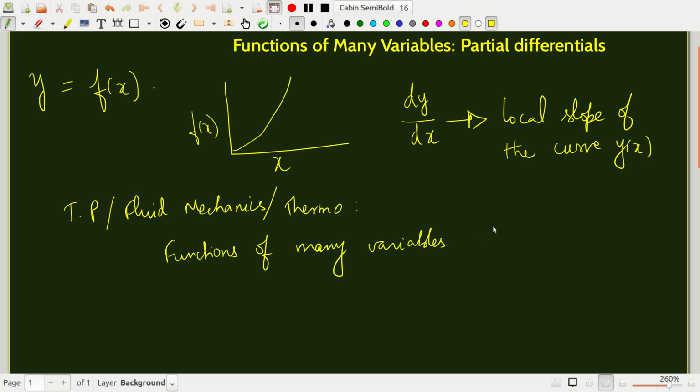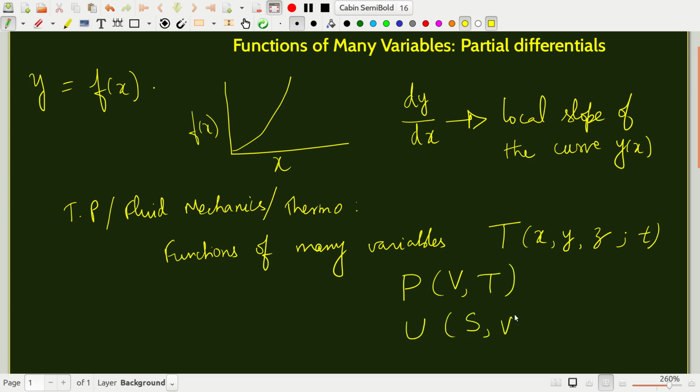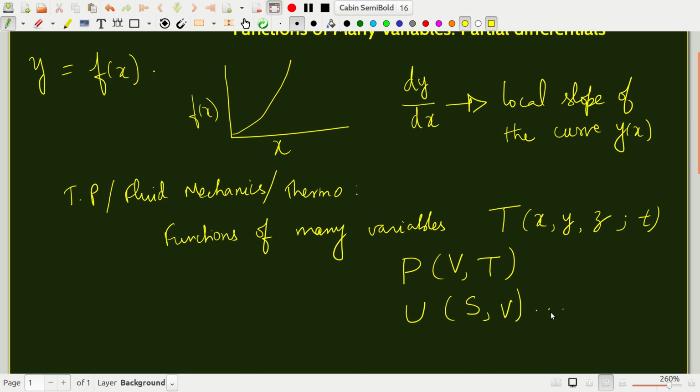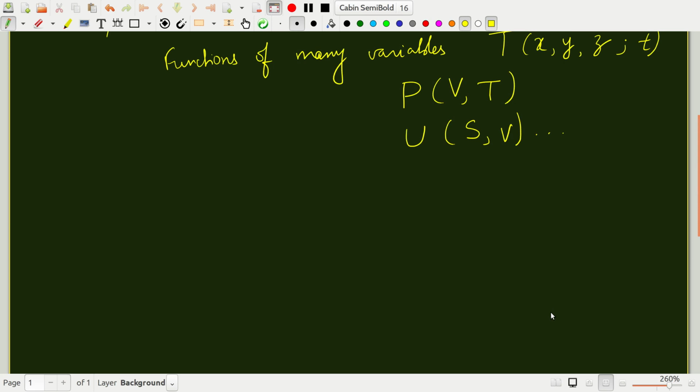For example, you may have temperature in a slab as a function of the position coordinates x, y, and z, and in addition you may also have its dependence on time. In thermodynamics, you have, for example, pressure as a function of volume and temperature, internal energy as a function of entropy and volume, and so on. So functions of many variables are more a norm than exceptions in chemical engineering.